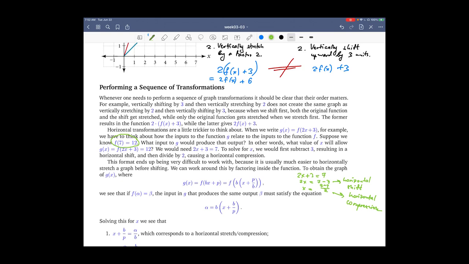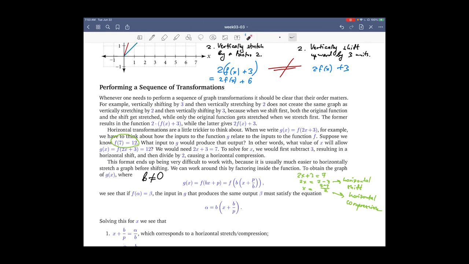Now let's see in general how we work with the graph of f of bx plus p where b and p are constants. The trick is to factor out b. When you factor out b, you have in parentheses x plus p over b. Of course, here we assume that b is not 0.